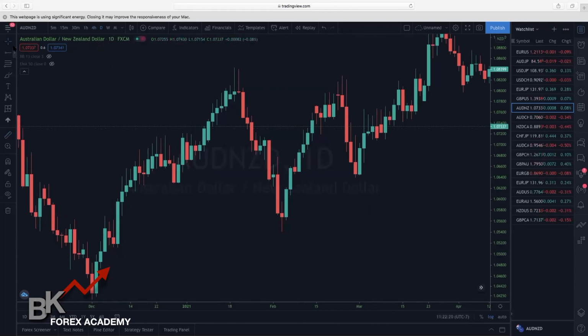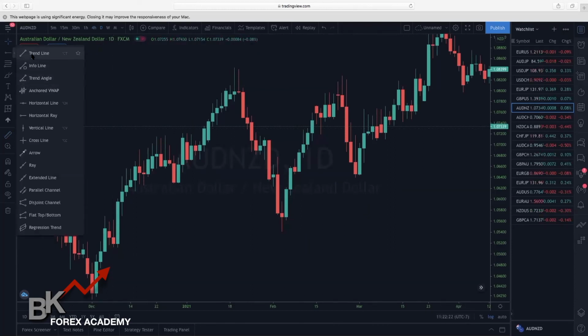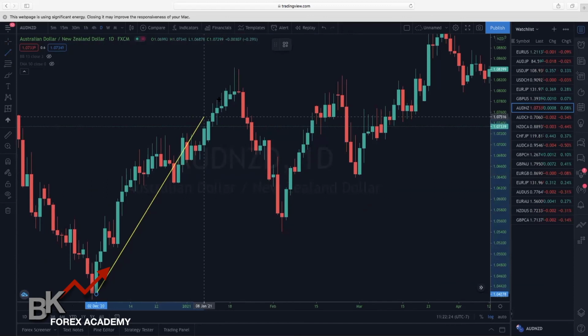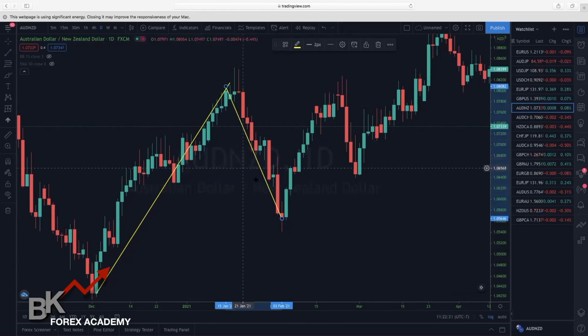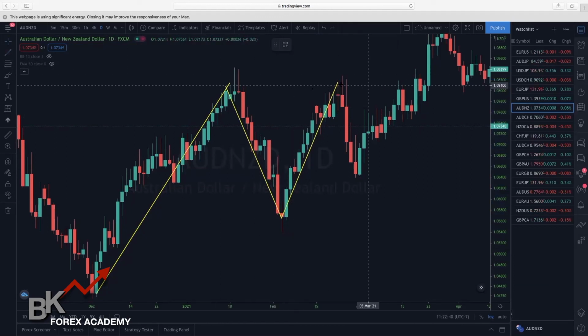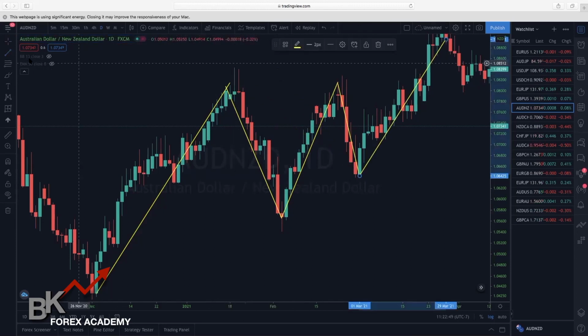All right, so here is another example here. So let's go ahead and draw our initial push here. We see a pullback right there. We see a push respecting our area. So that is not it quite yet. We see a pullback. And then we identify it once we see another push above this level right here.